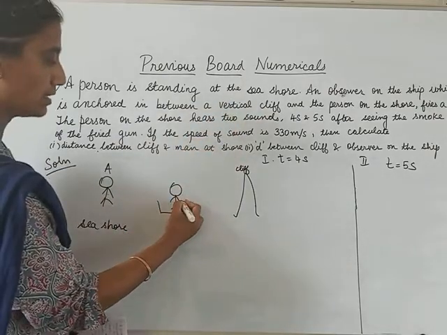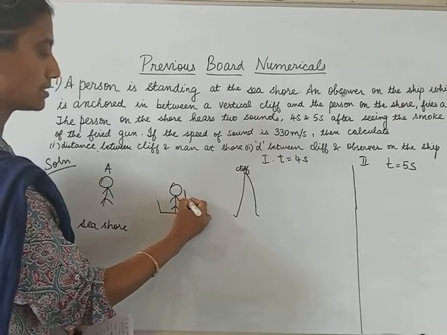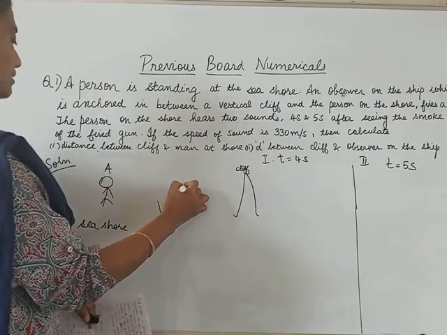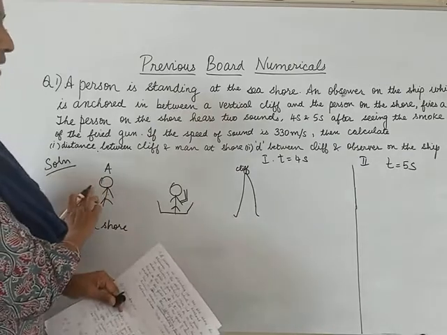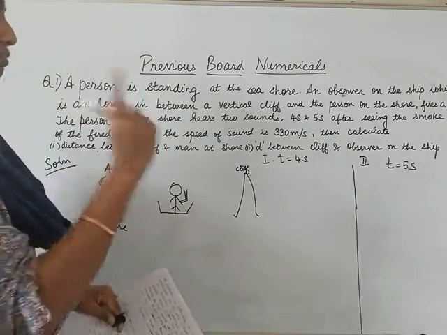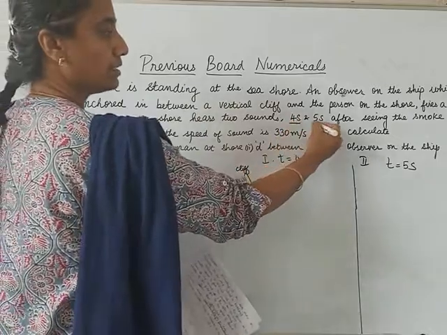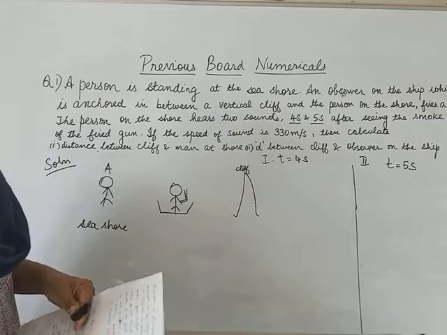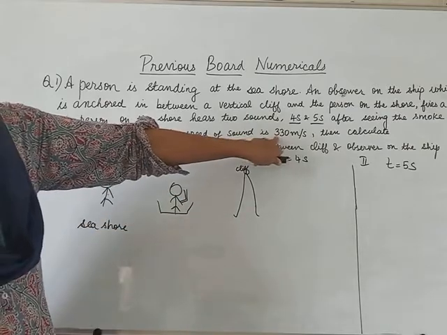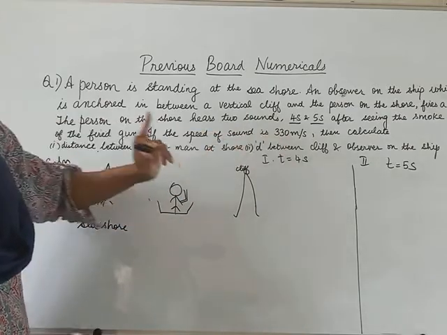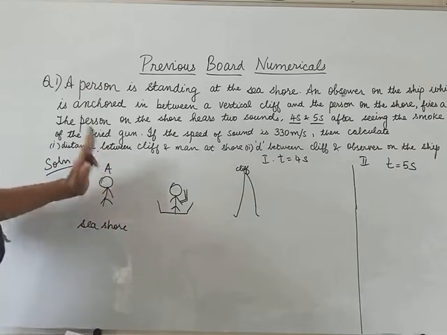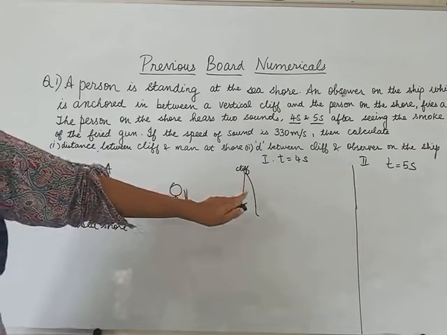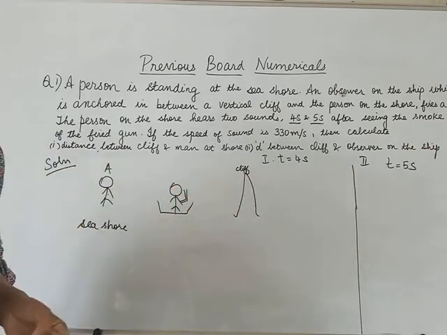This man has a gun in his hand. So he fires a gun and this man hears two sounds, one after 4 seconds and the next one after 5 seconds. They've given the speed of sound as 330 meters per second. We are supposed to calculate the distance between the cliff and the man at the shore, and the cliff and the observer on the ship.